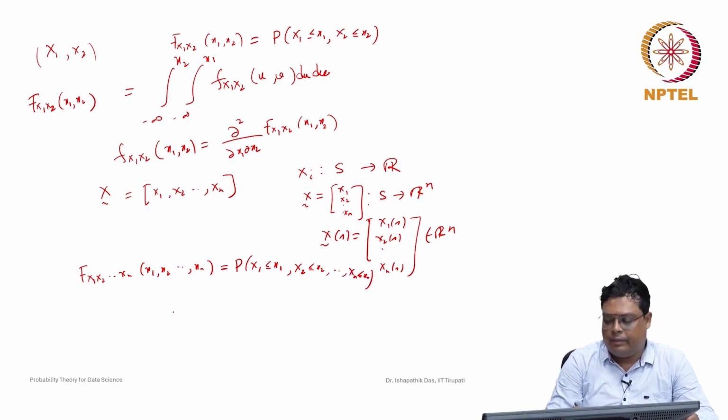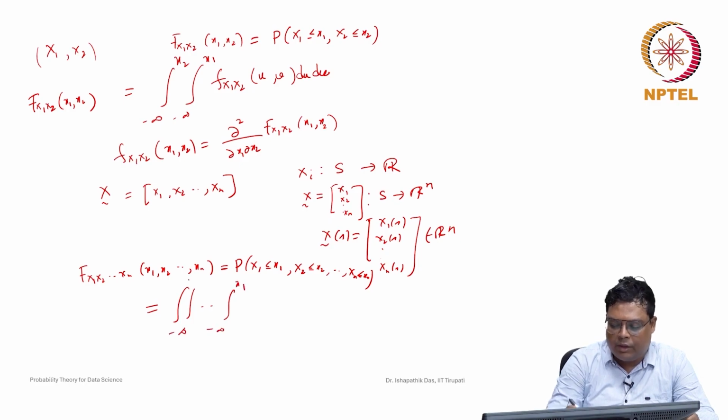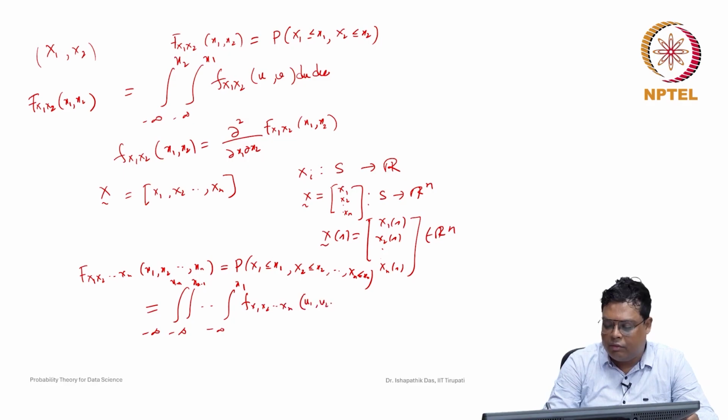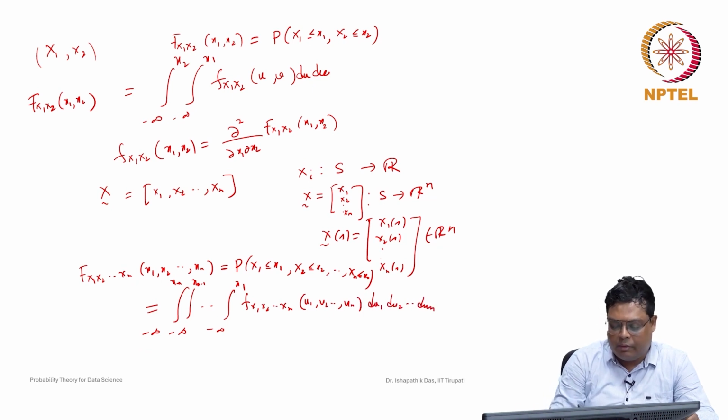Whenever it is a continuous random variable, there exists a function, small f of x1, x2, ..., xn, such that this can be represented as the integral from minus infinity to x1, ..., minus infinity to xn of f of u1, u2, ..., un, du1 du2 ... dun. This function is known as the joint probability density function.